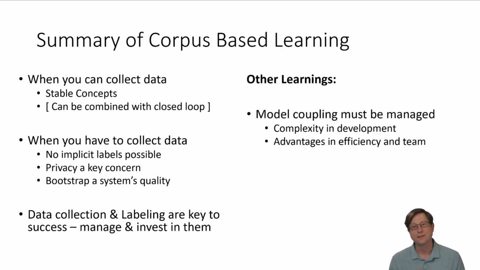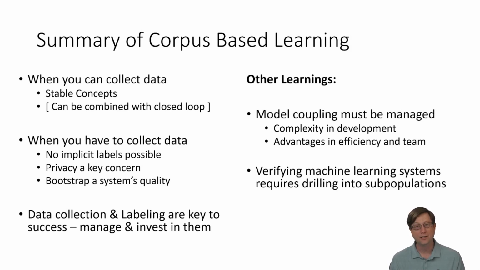Other learnings from this presentation on the intelligence architecture of chaining models is that model coupling can be quite advantageous in a lot of ways of sharing information and short-circuiting computation, but it creates coupling, and you really have to manage that coupling within your system, but also with how you expose it to third parties.